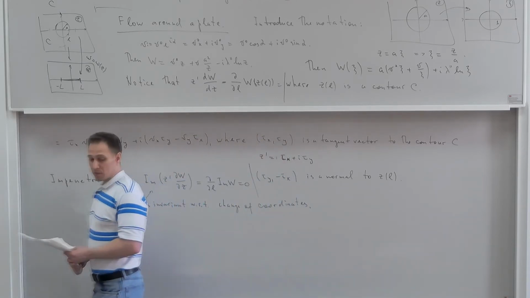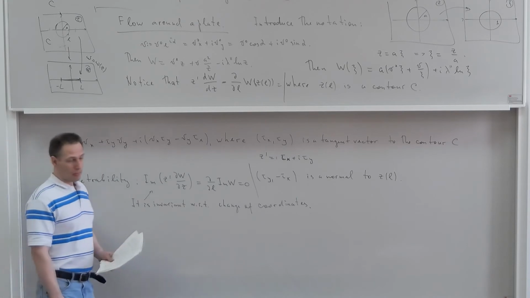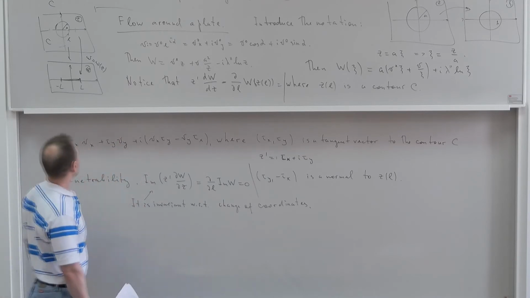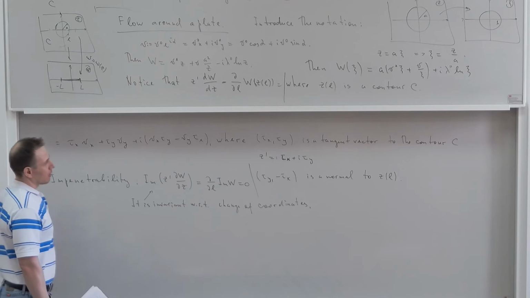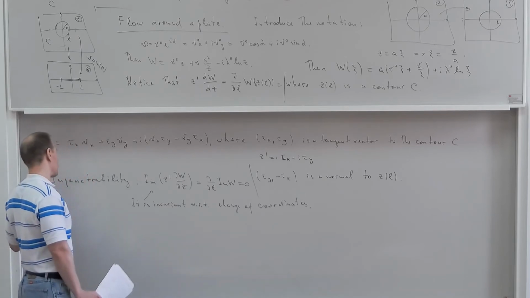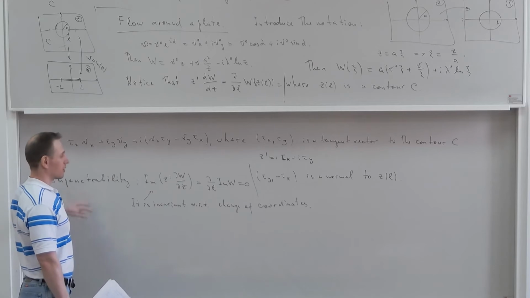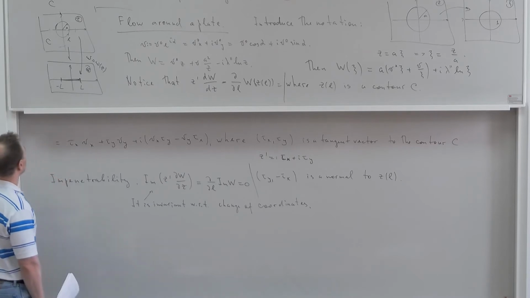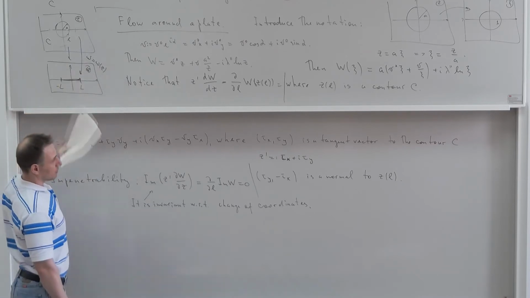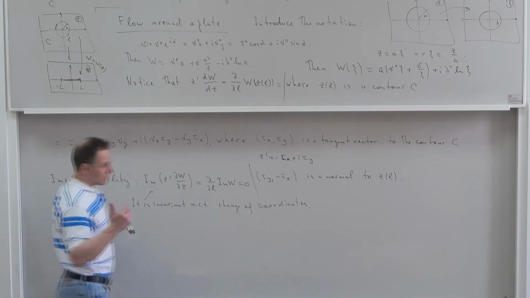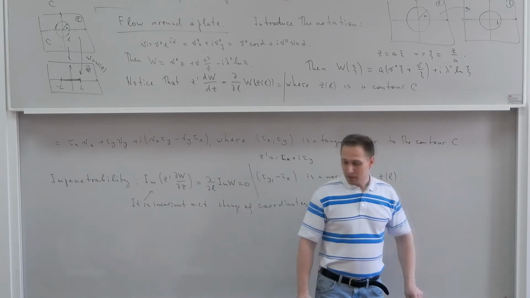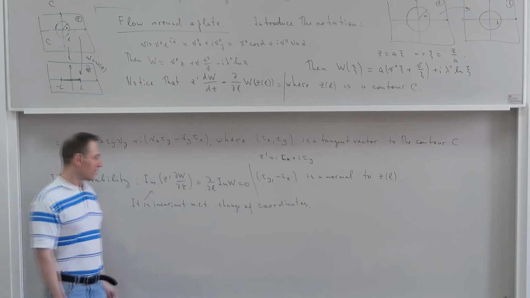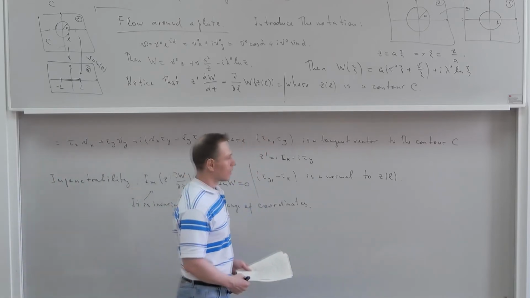And so this condition is preserved by conformal mappings. Thus, we do not need to check that our conformal mapping preserves the condition of impenetrability on the surface, which is the result of the mapping of the initial circle C. But as for the second boundary condition at infinity, we need to check it explicitly when we construct the conformal map.